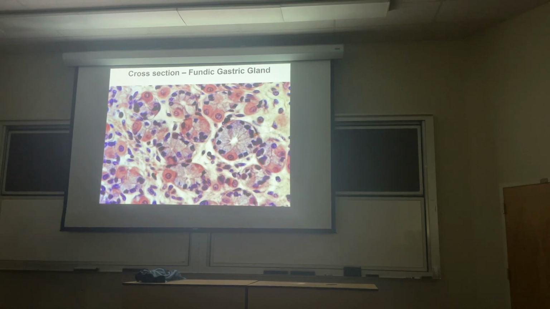Now this may be what it looks like under your microscope. A lot of times they're a little more orangey instead of pinkish. These are parietal cells. See that they have the same shape, but they look a little more orangey here. And again, a lot of these others are mucus secreting cells.